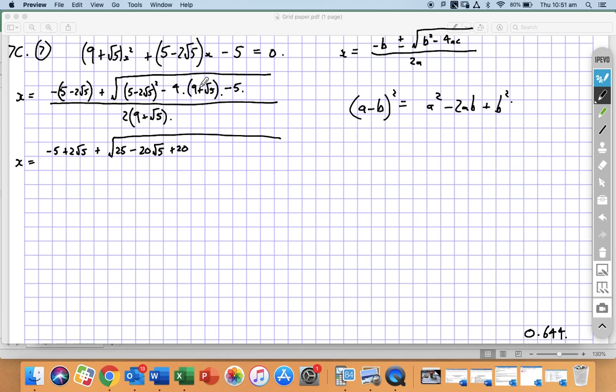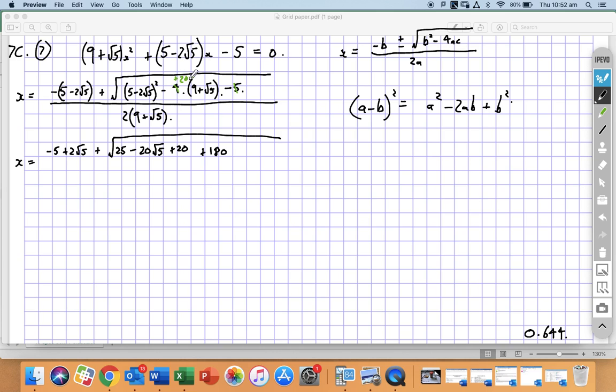And what have we got here? We've got a minus 4 times a minus 5, so that'll be plus 20 times 9. The 4 times the 5 is 20, right? So I've got 20 from those, and it's a plus 20, and you've got 20 times 9, which is 180.